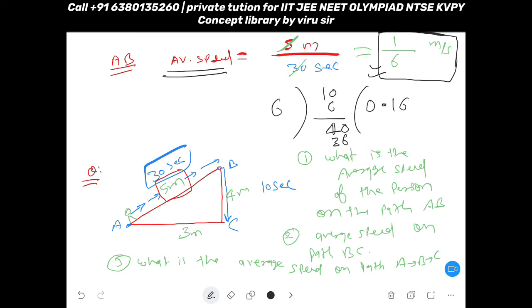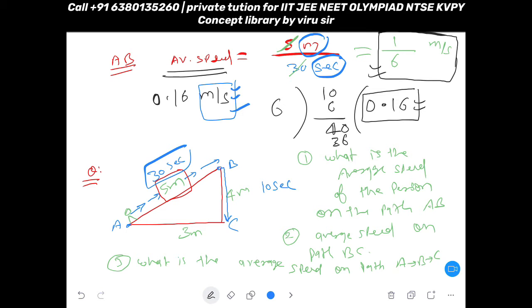So you can say this much, you just leave it here like 0.16 meter per second. And how will you judge the unit? You can see meter and second, so that's why I'm writing meter per second. This is the speed we are getting for path A to B.